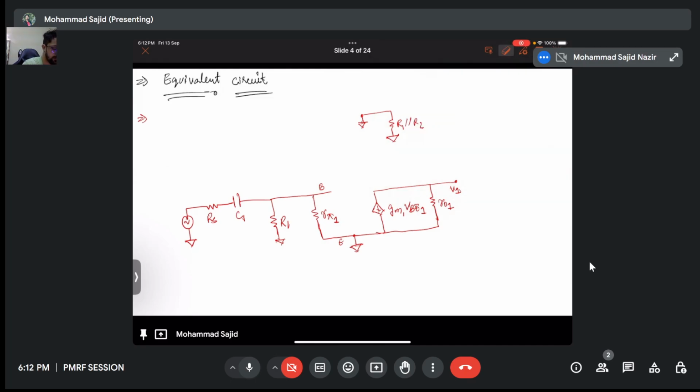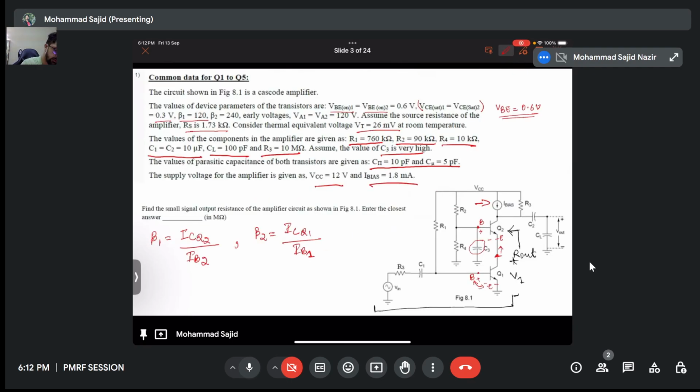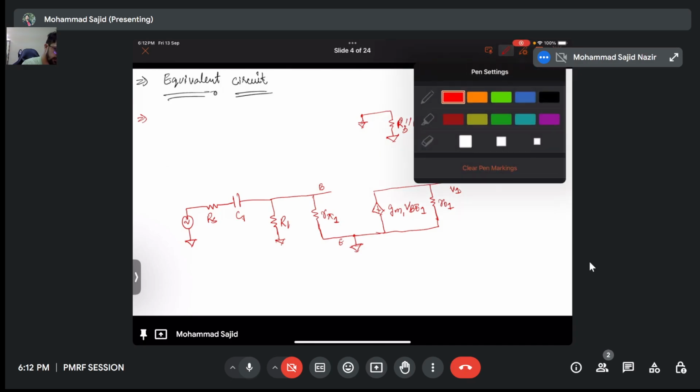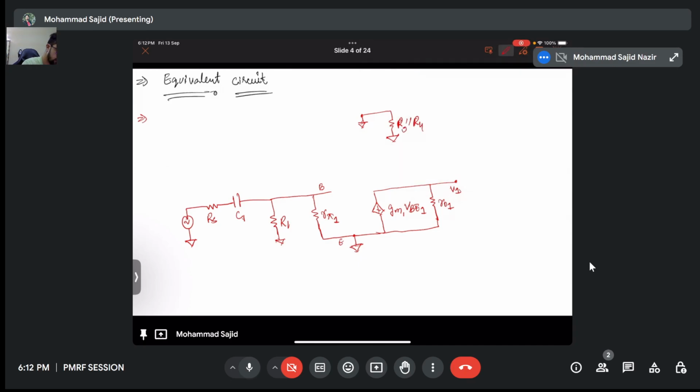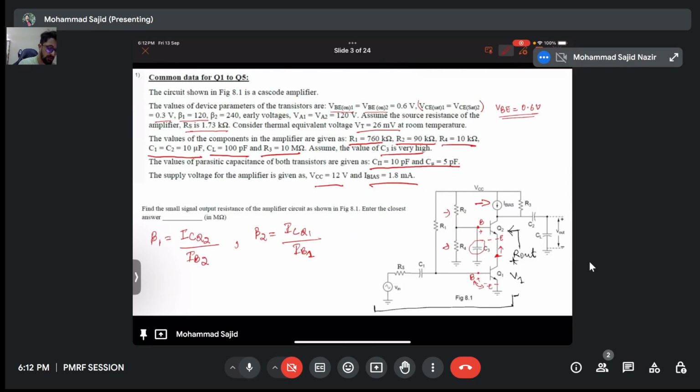This is R3 parallel R4. Not R3, it's R2. So R2 parallel R4.